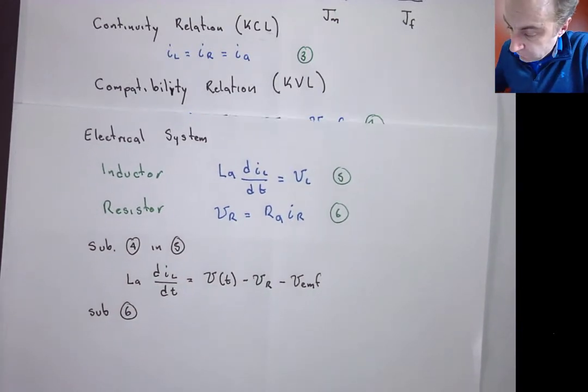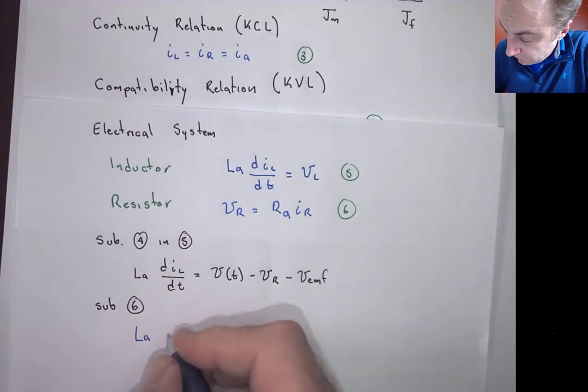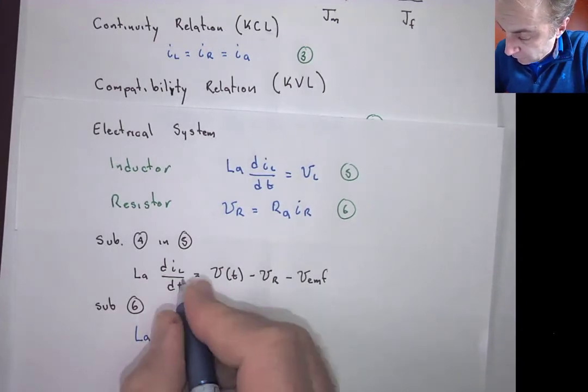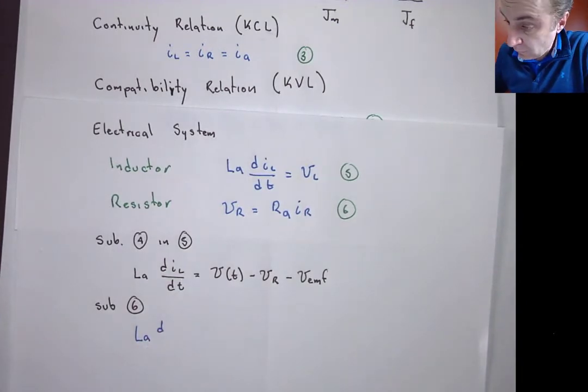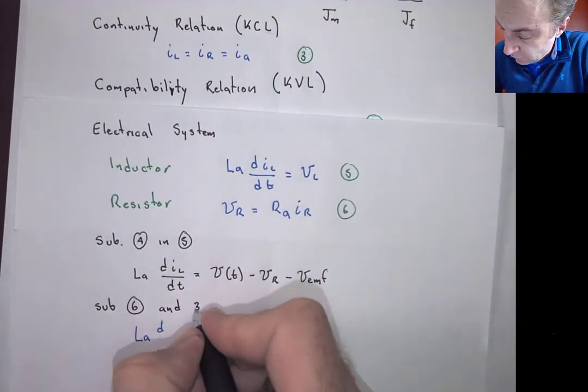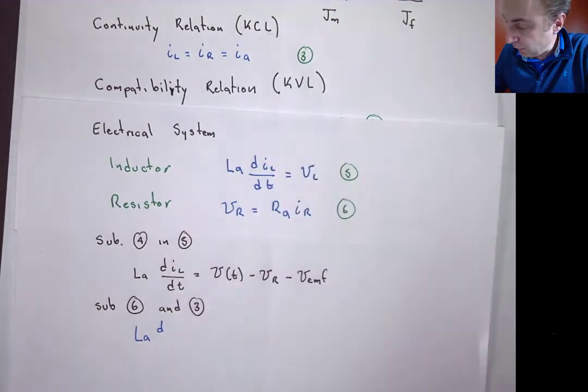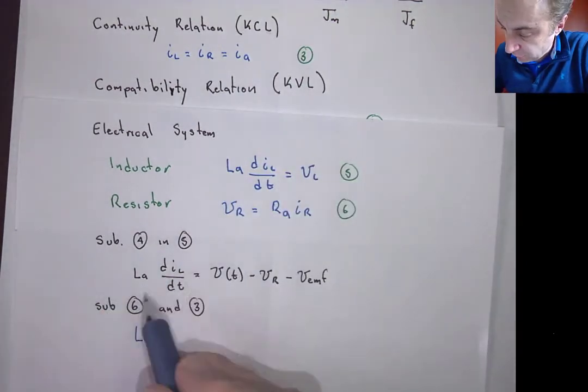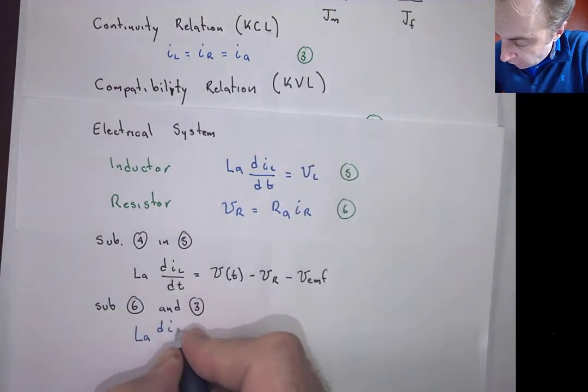I'll now use blue. LA, and also equation 3, which is just the relationship of the current. So now it's everything in terms of the armature current.